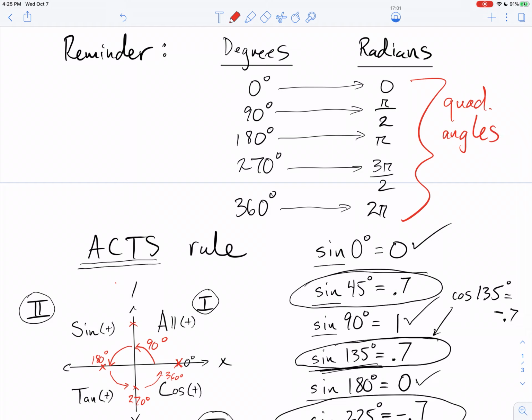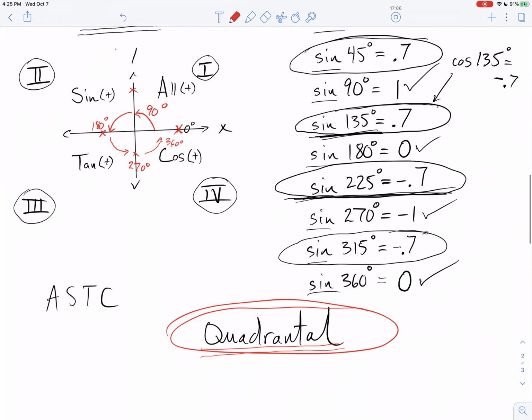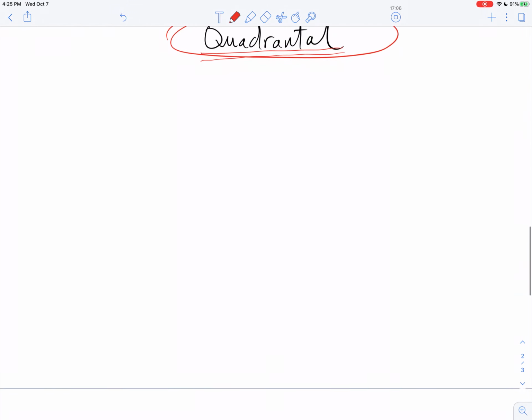Of quadrantal angles also. Now, the one thing that I haven't mentioned yet, but I'm going to have to do in the next video, has to do with negative angles. So let me just quickly draw a little thing here. If I have a coordinate system, and I start here at 0 degrees, and they tell me to draw a negative 90-degree angle, that would put me right on the line here.